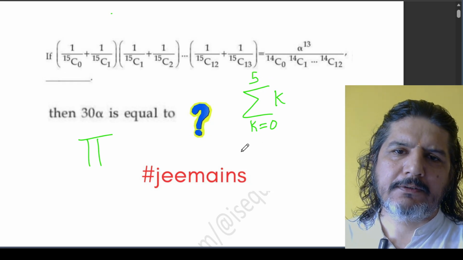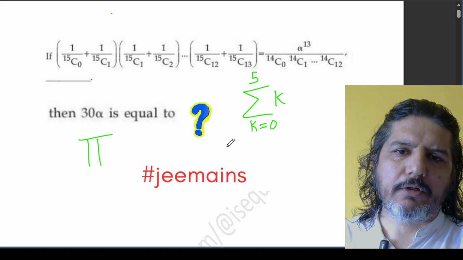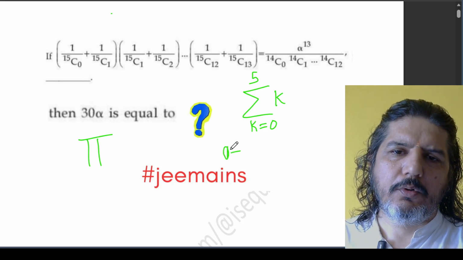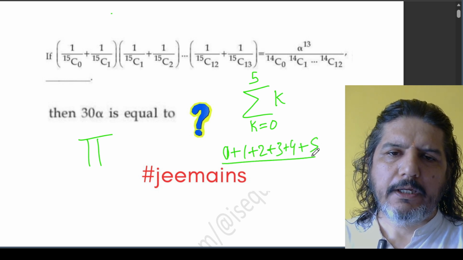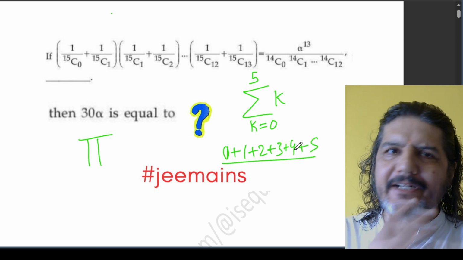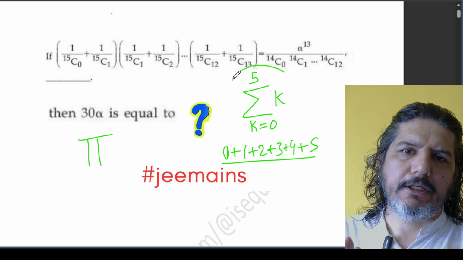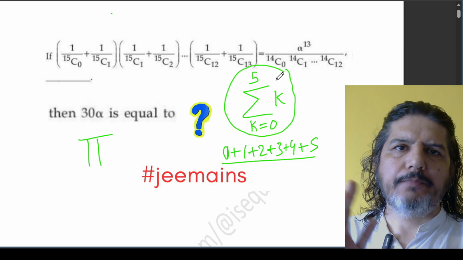So what this implies is that basically this is a shortcut for writing 0 plus 1 plus 2 plus 3 plus 4 plus 5.